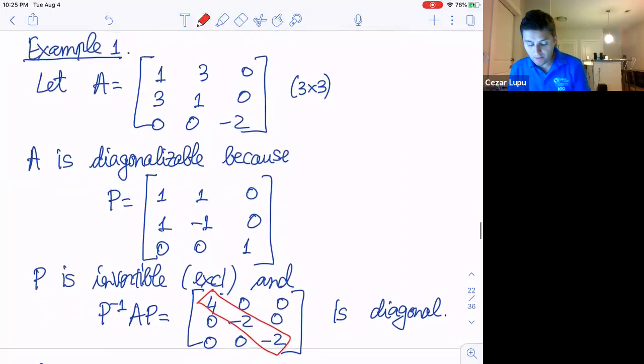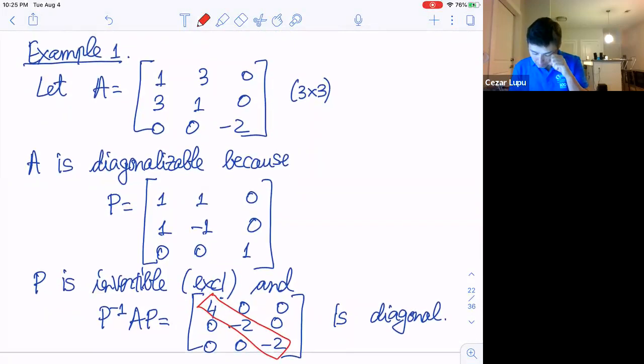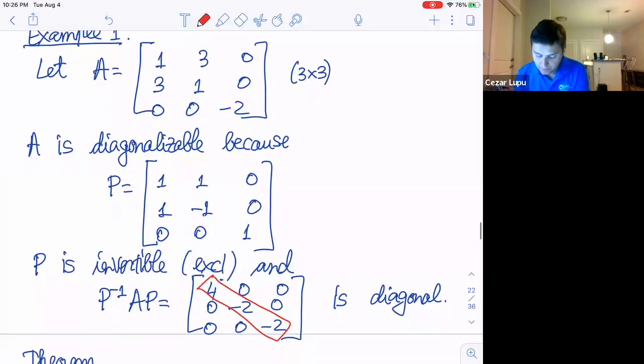Moreover, if we multiply the inverse, which I think we have written in some previous lecture, by A and P, you will get this diagonal matrix. We will see a theorem about what happens with these elements on the main diagonal. As you can see, the diagonal matrix has 4, -2, and -2 on the main diagonal and 0 in the rest.